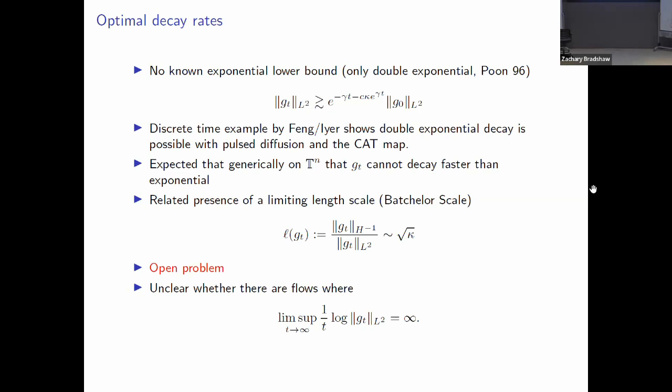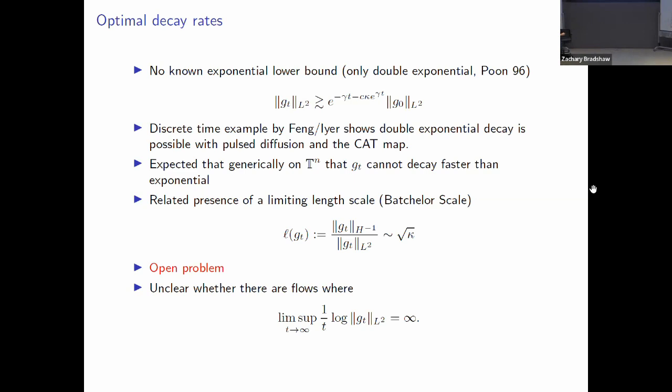But there are actually explicit examples in discrete time by Gautam that show that you can get double exponential decay if you pulse diffusion with certain hyperbolic torus automorphisms. So it's something that actually can happen in certain circumstances. Whether it happens for advection diffusion on the torus is unclear. But I actually expect generically it doesn't happen.